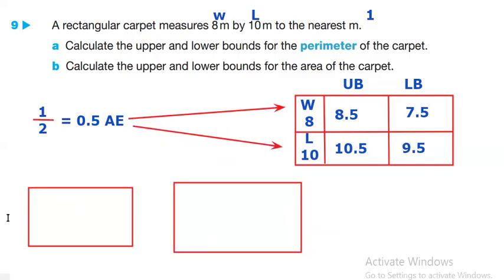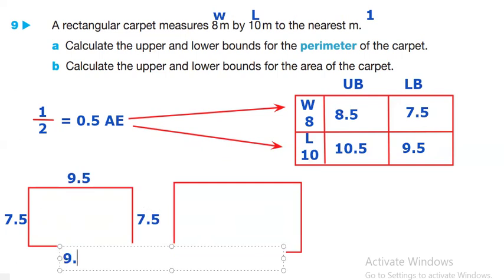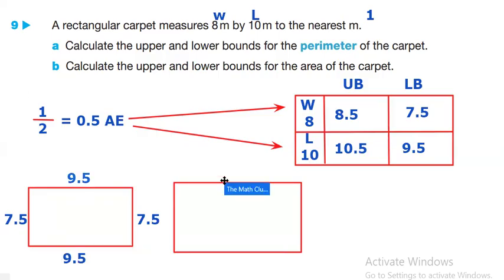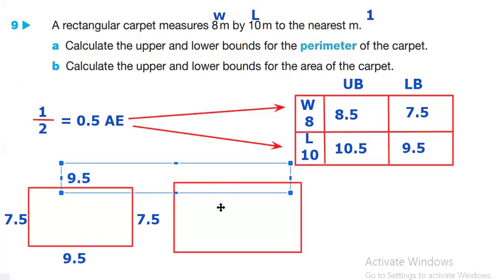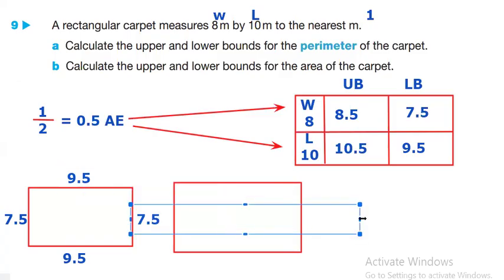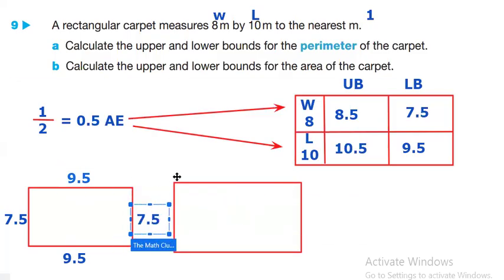So it's going to be 7.5 by 9.5, like this. This one is 7.5 and the other one is 9.5. I'll make space between them so you can see them. So this is the small carpet. I'm just explaining the idea with these shapes, just to show you how it will look.